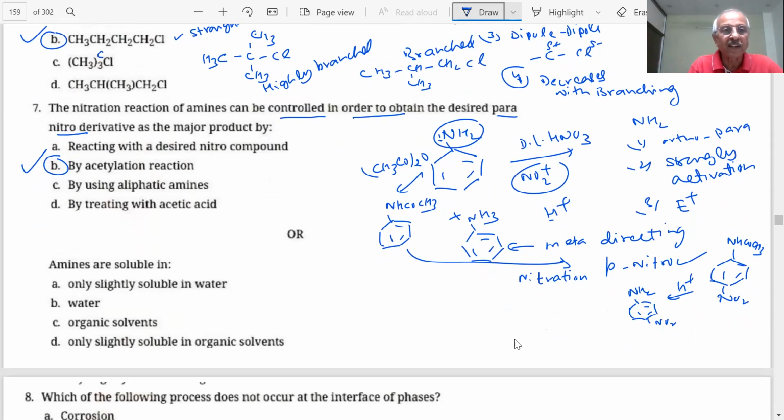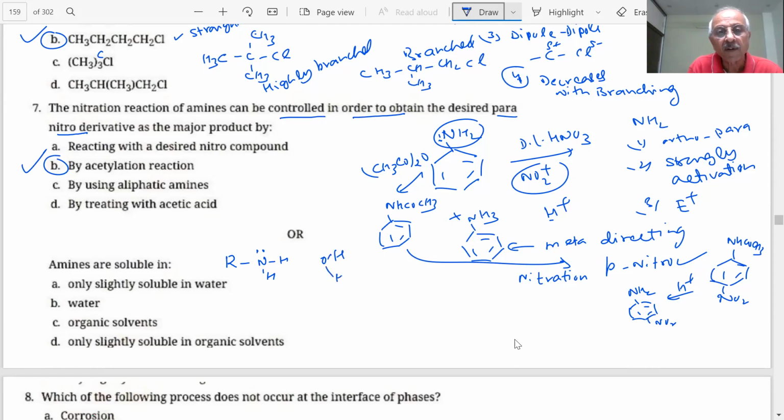Amines are soluble in water, or only slightly soluble in water, organic solvents, only slightly soluble in organic solvents, students. What is our answer, student? What are amines, student? RNH2. These are amines. They can form a hydrogen bond with water, students.